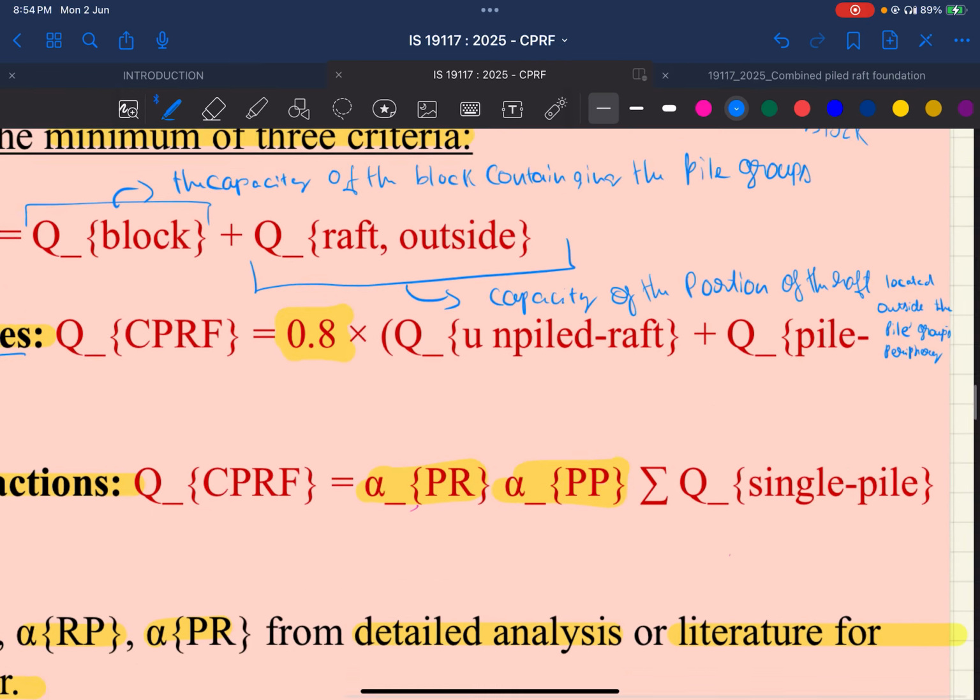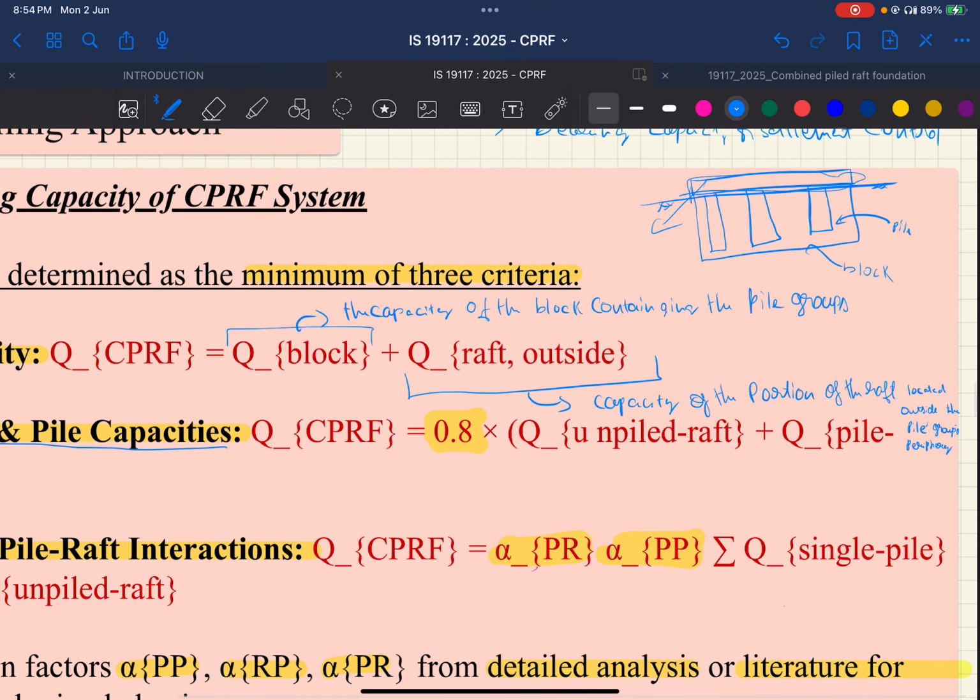What does it mean? Now, this Q unpiled raft is nothing but the capacity of the raft alone.